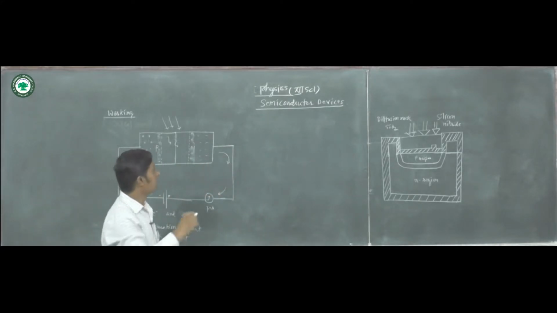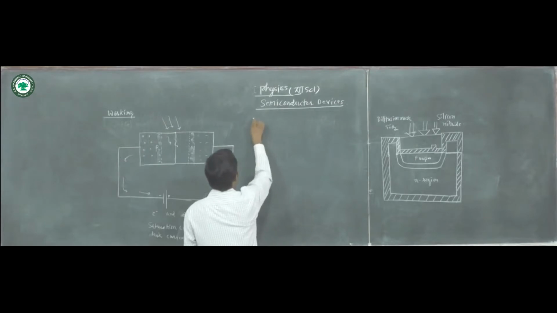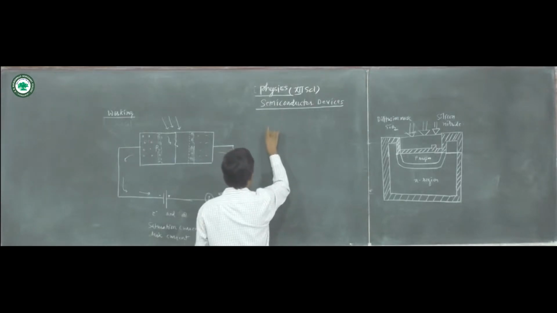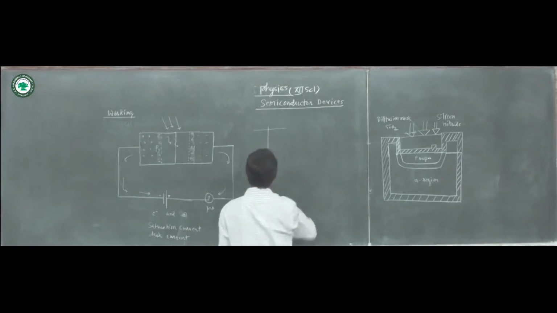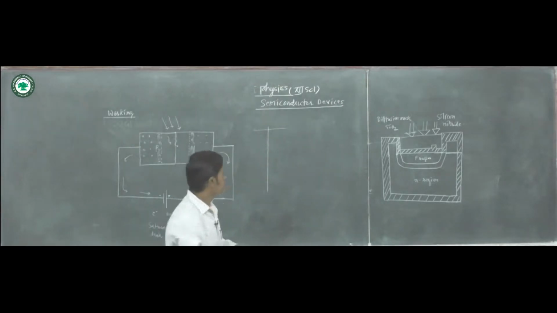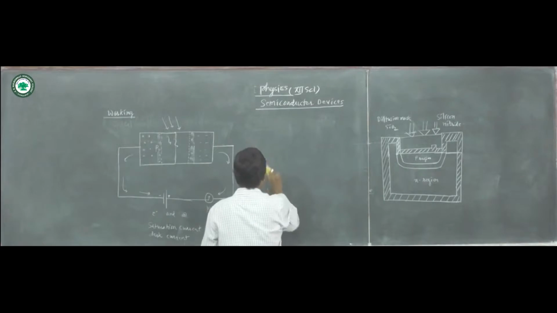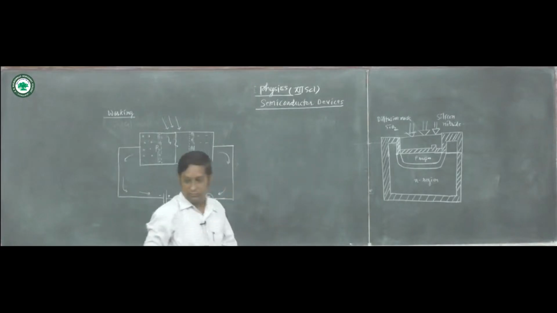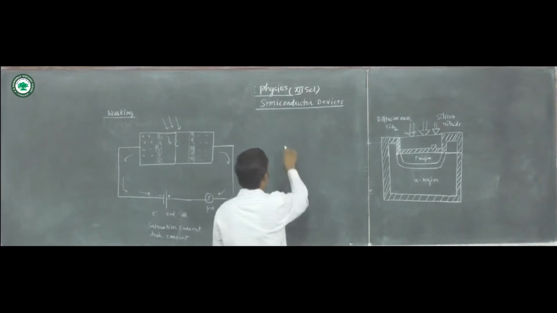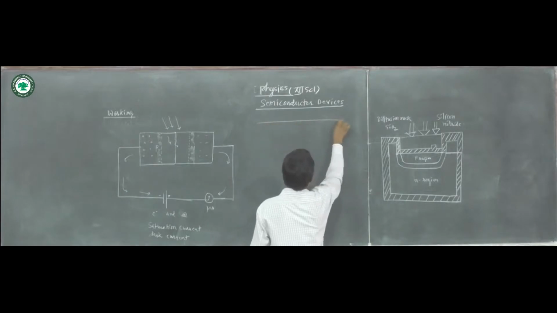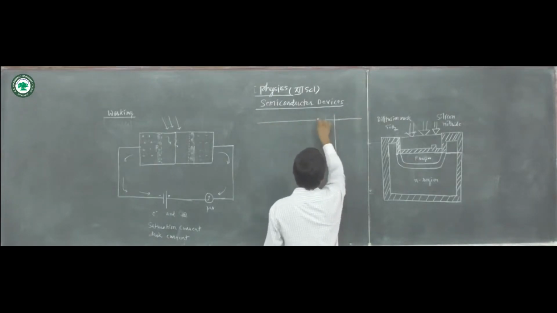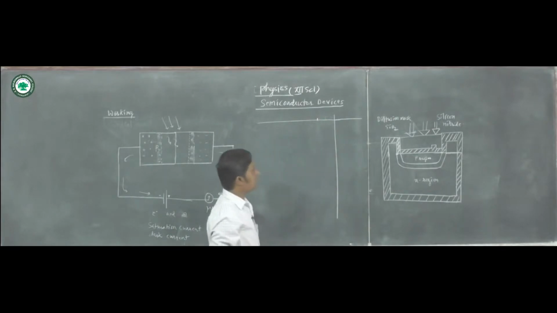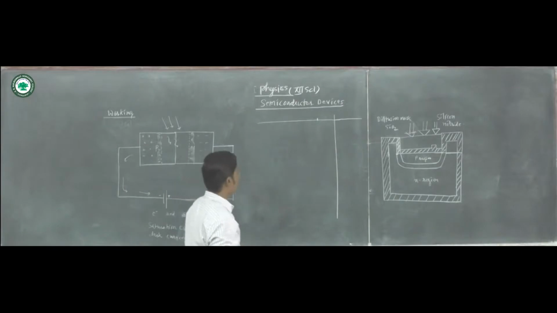What happens if we plot the reverse voltage? As we know, this photodiode works on the principle of a reverse-biased diode.